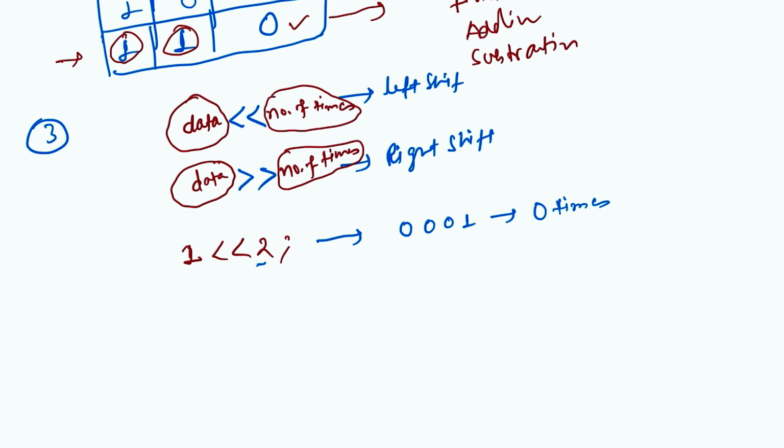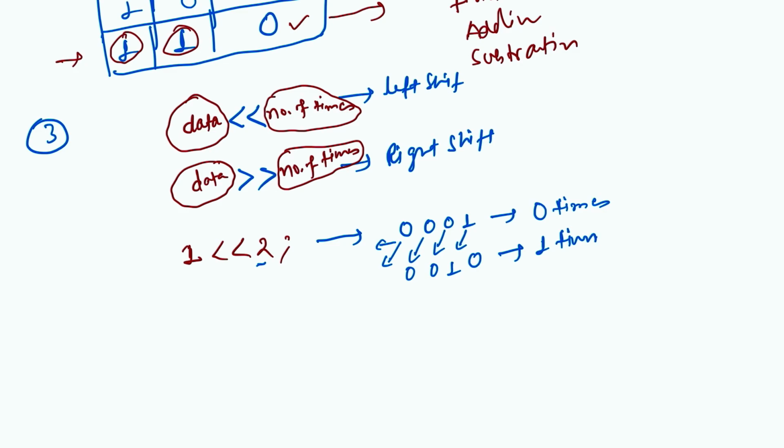In the first time, all of these will move one place. This 0 will go out, this will come here, this 0 will come here, and at the end 0 will come. So this is the first time.